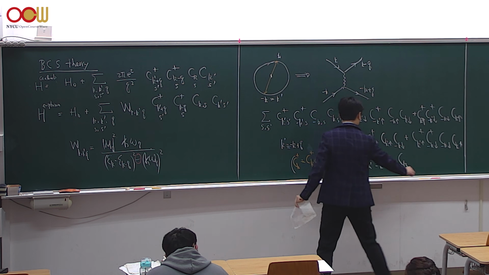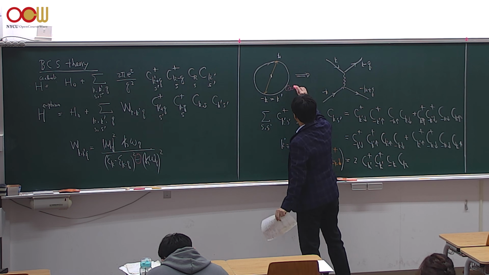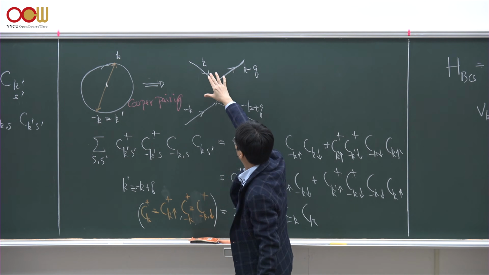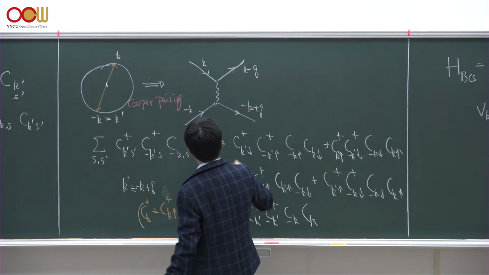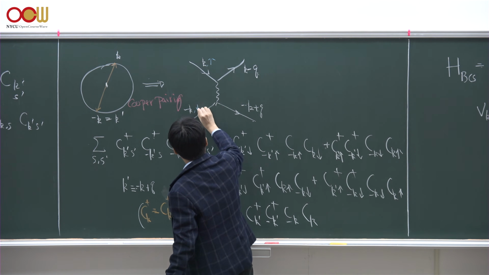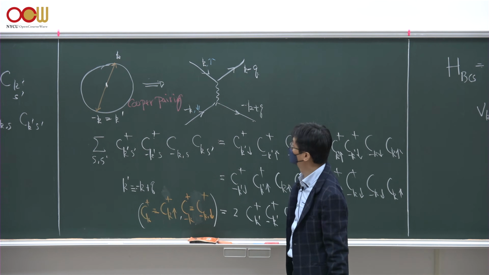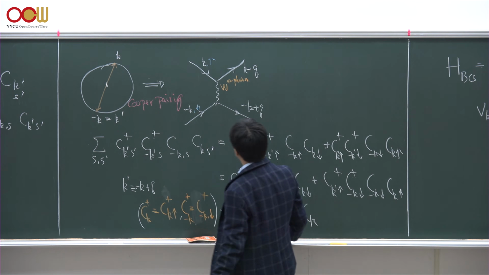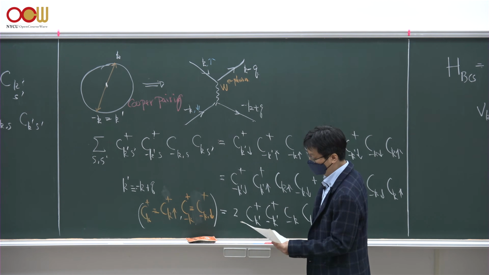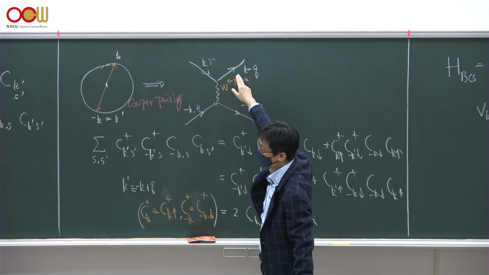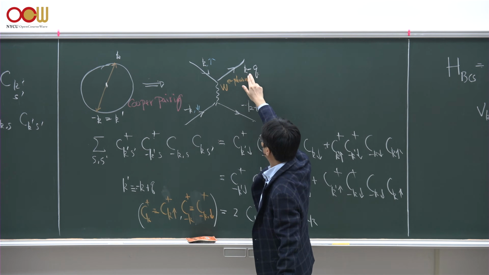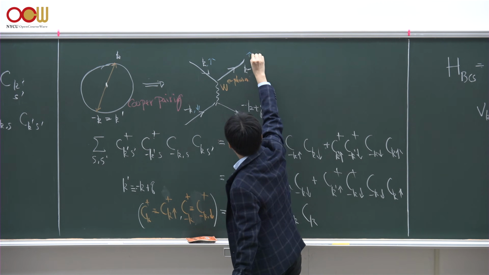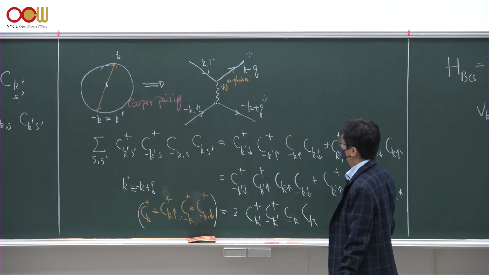So this is the cartoon picture of the Cooper pairing, telling you that two electrons come from across the Fermi surface, carrying momentum k and minus k, and also, say, spin up and spin down, and they get scattered by electron phonon interactions, and then they get scattered out, and the momentum transfer is q, which leads to the up-spin electron carrying k minus q as a scattered momentum, and the spin down electron carrying minus k plus q.